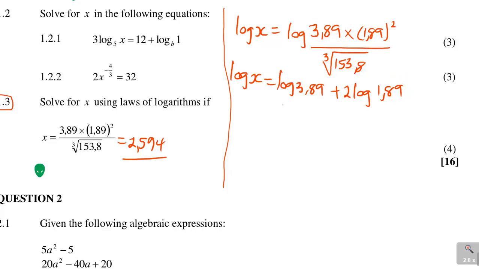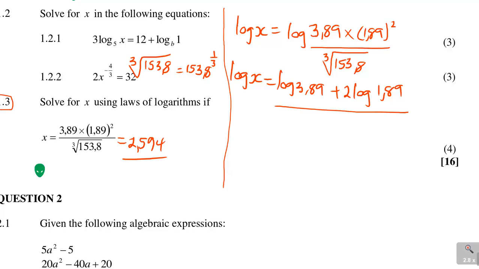Okay, and then all over. Now you need to understand what this cube root of 153,8 is. Cube root is the same as 153,8 to the power 1 over 3. That's what the cube root means.